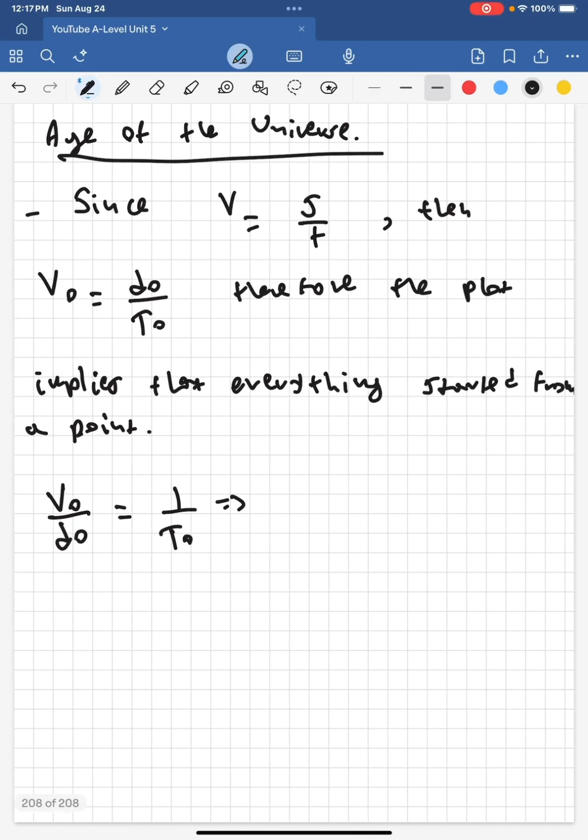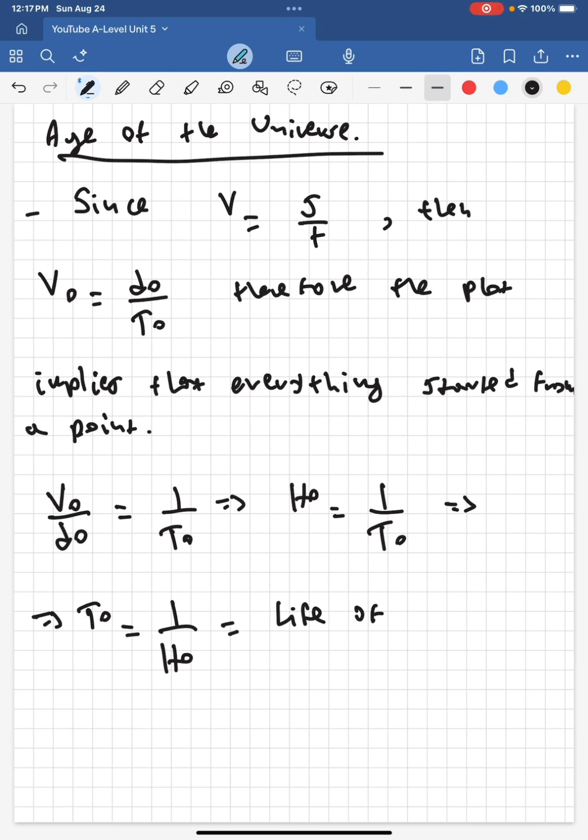Therefore, the Hubble constant is equal to 1 over t naught, the life of the universe. So t naught is 1 over H naught and is equal to the life of the universe. I hope this makes sense.